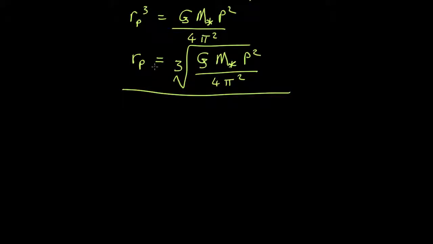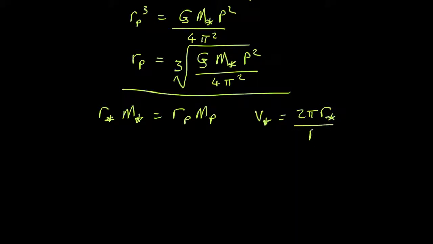So that's given us how far out the planet is, what orbit it's in. How about the mass? Well, for that, remember that r star m star equals rp mp. We also know that the velocity of the star is equal to 2 pi r star over the period.